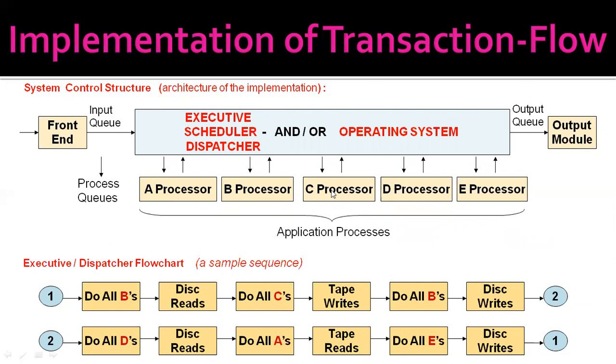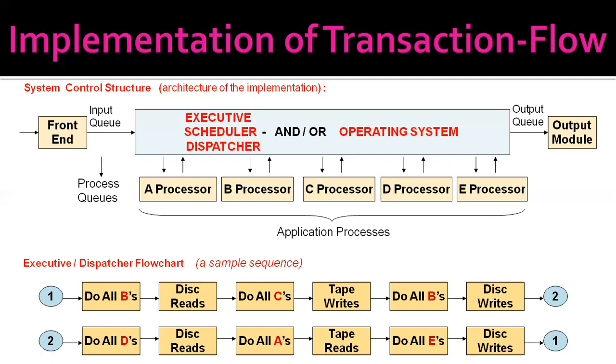First the transaction will enter from the input, and it will enter into processor A. After processor A, in sequence, it will go into processor B. Based on the output of processor B, it can either roll back to processor A or forward to processor C, which is the next in sequence.